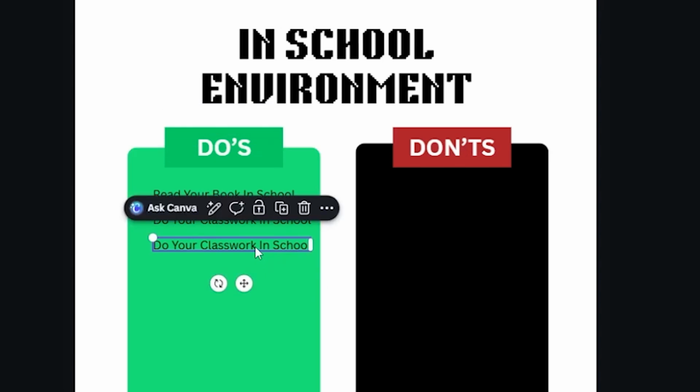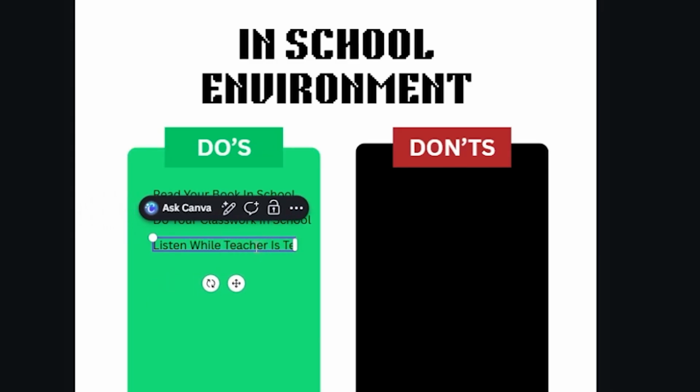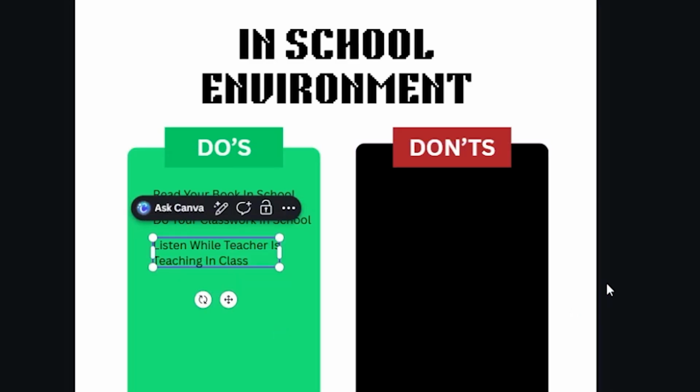Now let's see, this text is a bit longer. Let's see what will happen. Okay, now I have a longer text. So all I need to do is look for a particular place where I feel like bringing it down. From here, I'll just press enter.